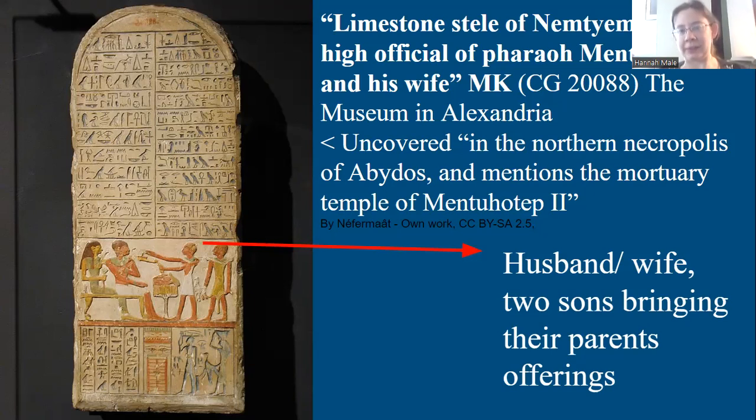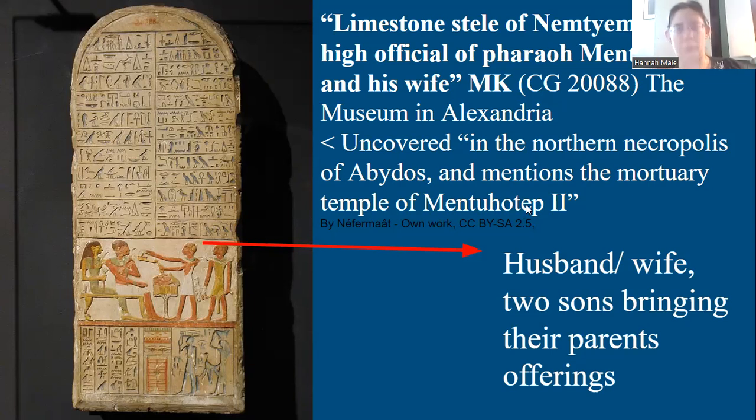And stelae are set up there, and a cemetery for non-royal Egyptians grows up there as well. So this stele was found within one of those Middle Kingdom cemeteries at Abydos, and somewhere in the text it also talks about the mortuary temple of Mentuhotep II.